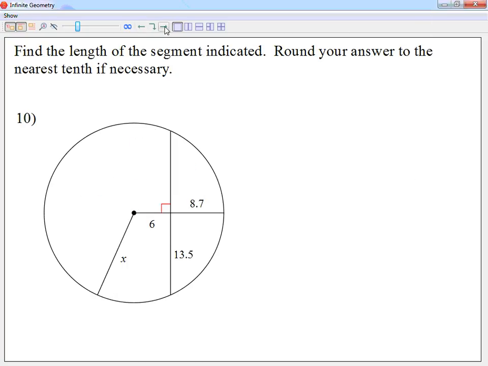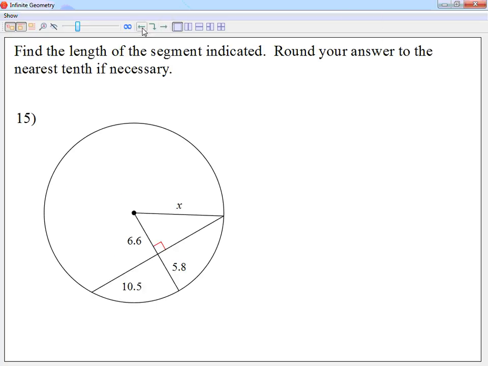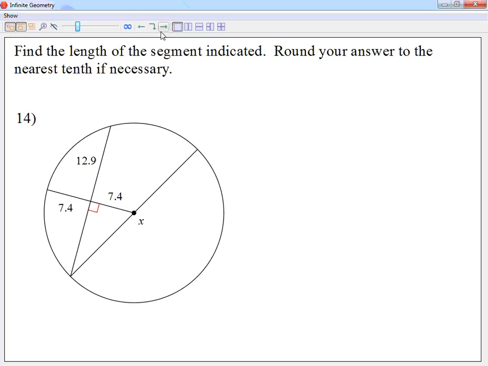Let's see. No, 16 I'm asking for part of the radius. 14. See how the x is by the point? I'm asking for the whole diameter. I know a radius is 7.4 plus 7.4, which we know as 14.8. Right? 7.4 plus 7.4 is 14.8.